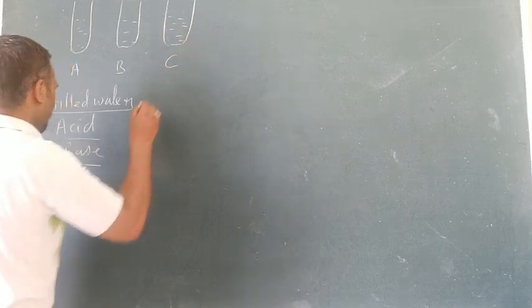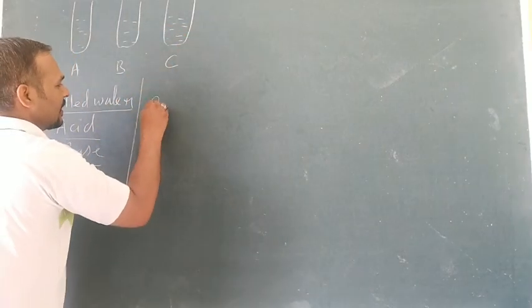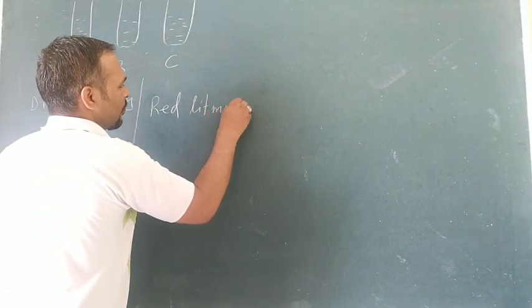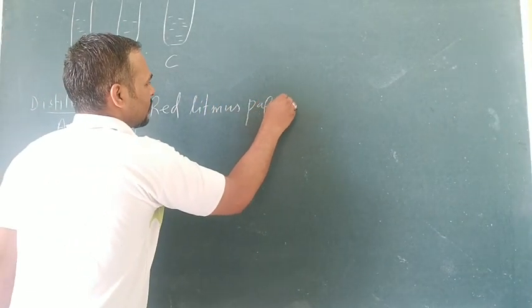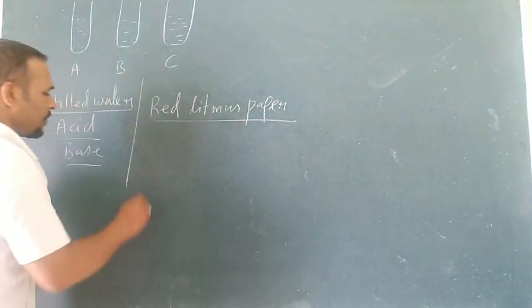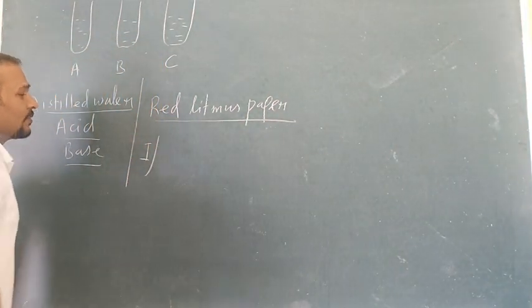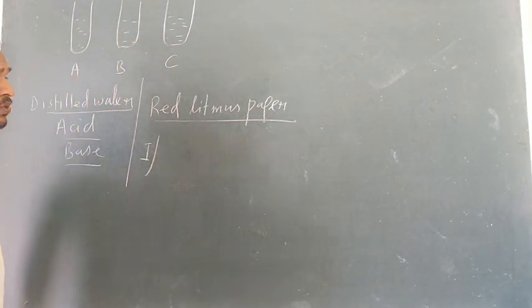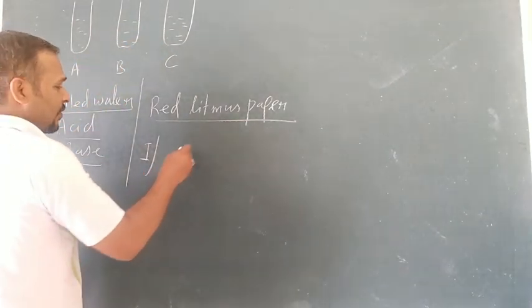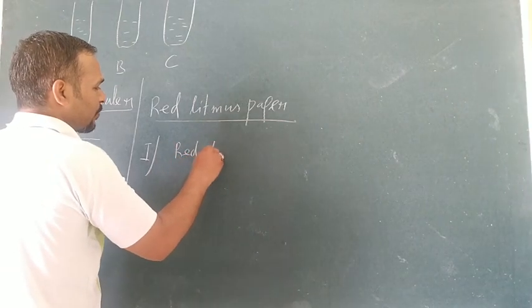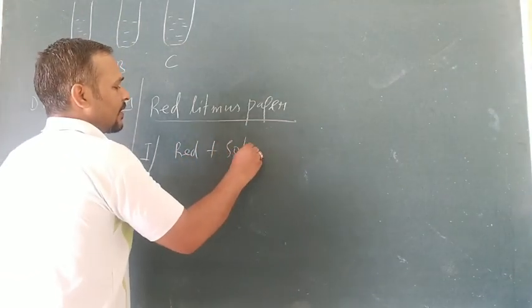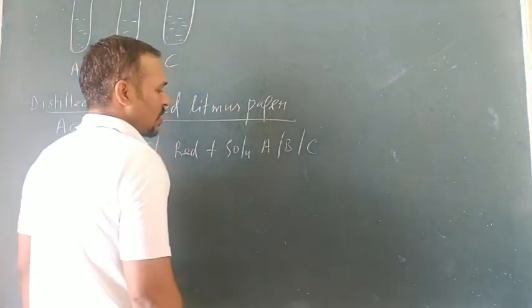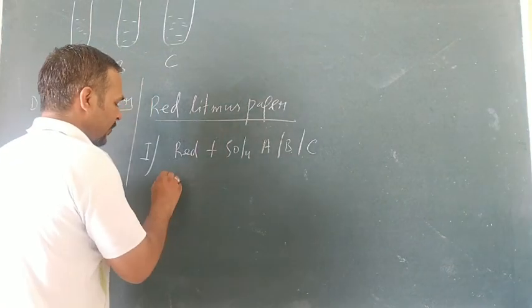You need to find out, and you have been given only red litmus paper. So first we take the red litmus paper and dip it in all 3 solutions, A, B and C.